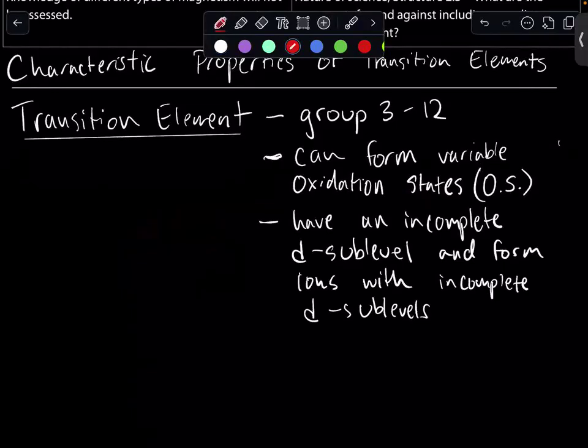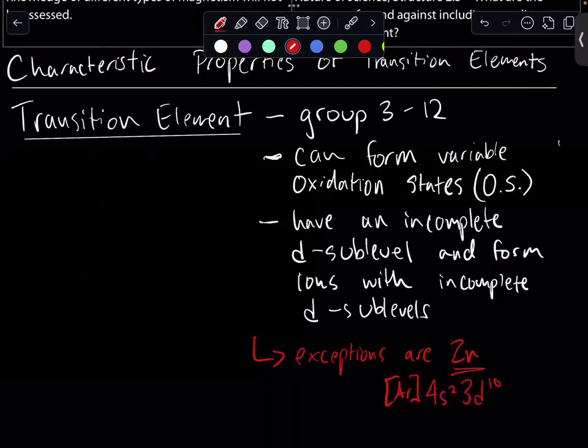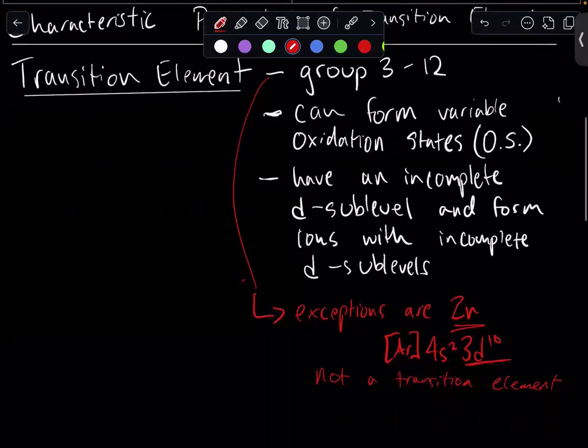For example, exceptions are zinc, which is not a transition element because zinc has a configuration of argon 4s2 3d10. Because it has a full D subshell, this is not a transition element. So this is an exception to the group 3 through 12. It's in group 12, but it is not a transition element.